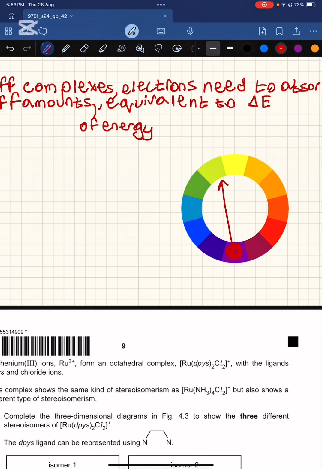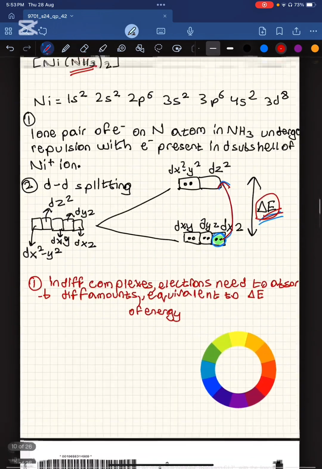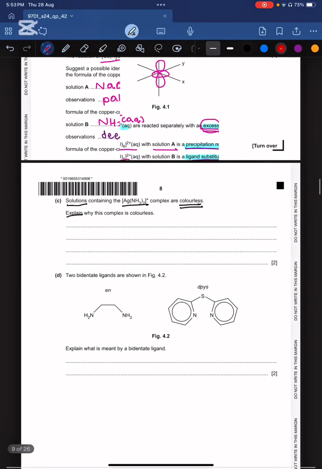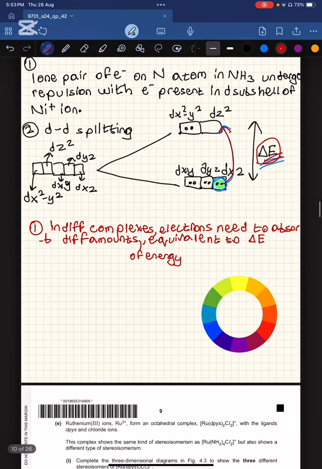And this is why chlorophyll A and B appear to be green in color. This is how it works. Now, the reason why it is colorless is because it is not absorbing light. If a particular complex is not absorbing any light, then it will reflect all of the light, and the mixture of all of this light is white. It means the same thing.